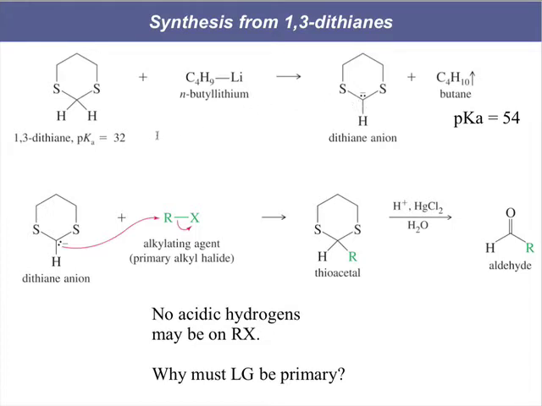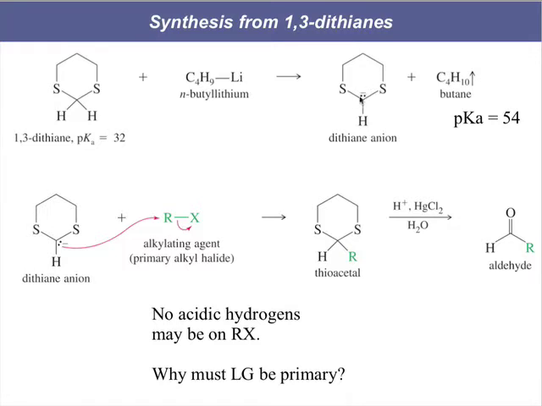Now, the reason why these hydrogens are acidic at all is because when they are removed as an H plus and you give a negative charge with a lone pair to that carbon, you have two sulfurs on that carbon that are able to kind of inductively pull that electron density away owing to their electronegativity.